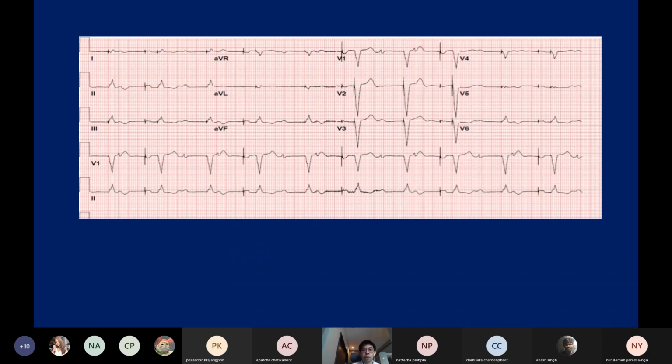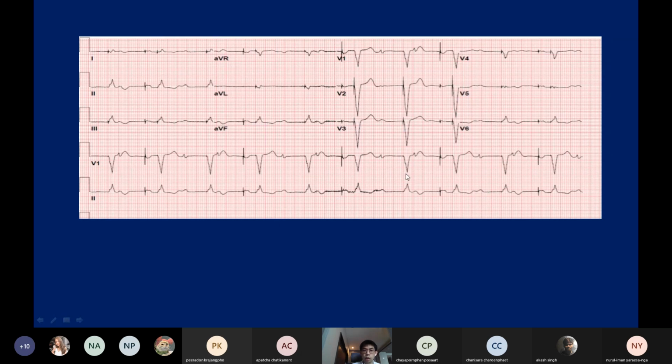What about this one? Which chamber is the first letter? Can anyone answer the first letter? Dual. Okay, the first letter is dual. And the second letter? Dual. Okay. You can see that it could pace both the atrium and ventricle, so it's dual pacing.